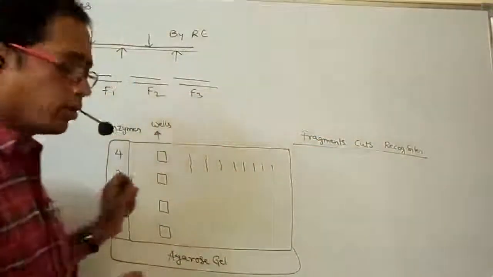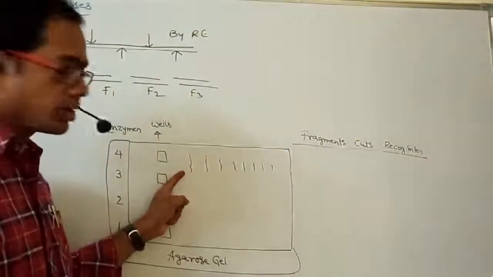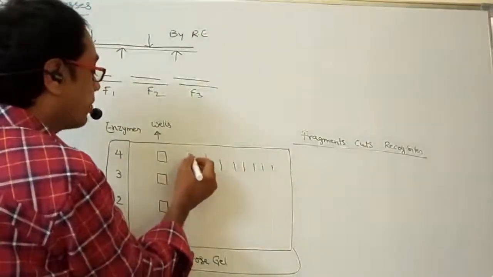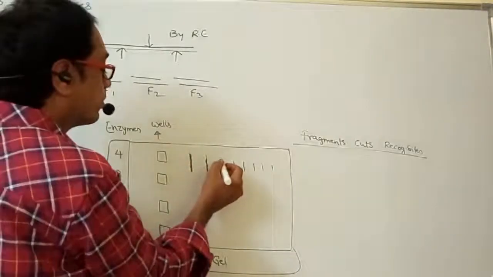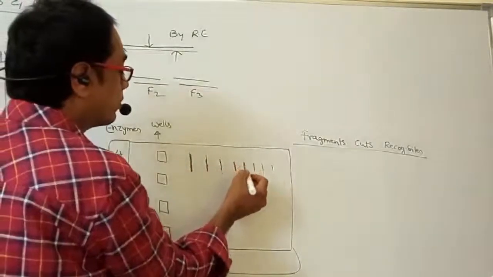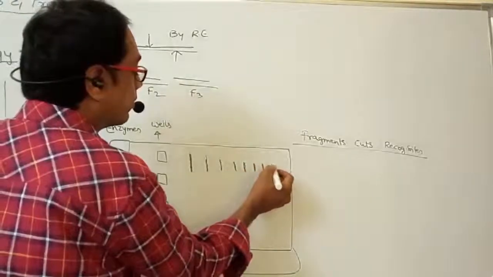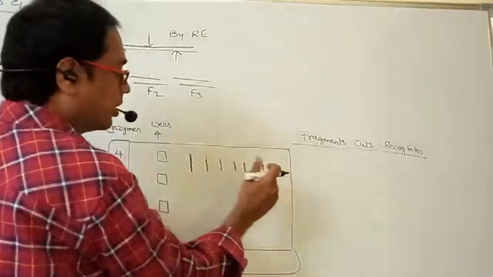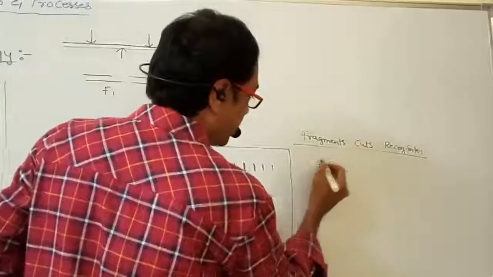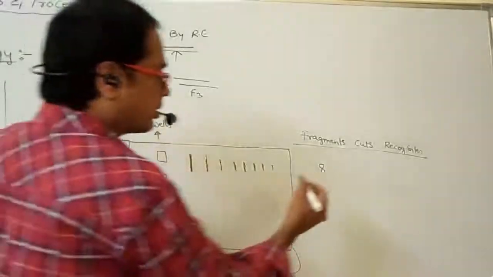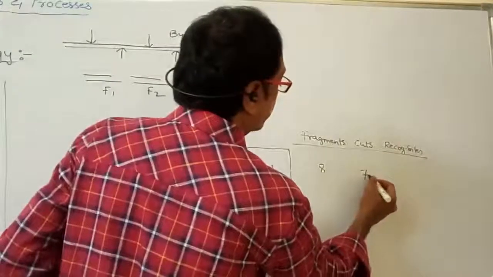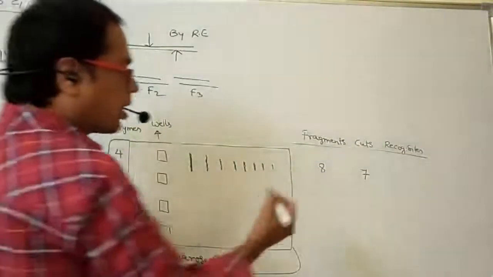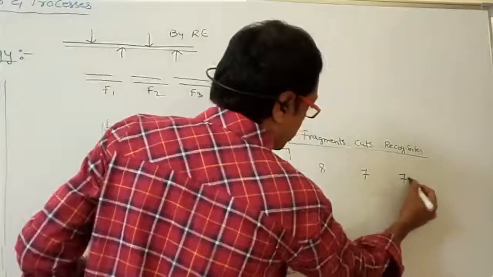These are the long DNA fragments, these are the short DNA fragments. Counting 1, 2, 3, 4, 5, 6, 7, 8: number of fragments is 8. How many cuts are there? 7. Fragments minus 1 is equal to number of cuts. Number of recognition sites is also 7.